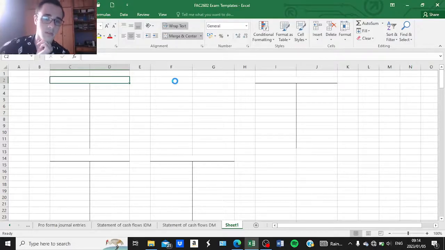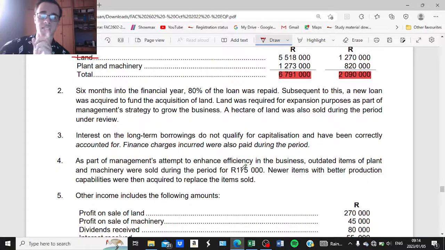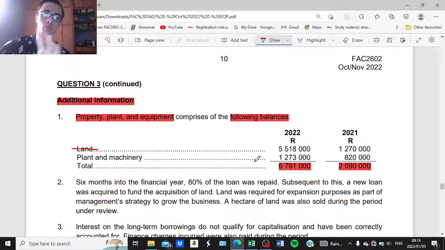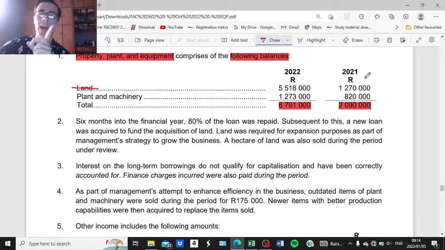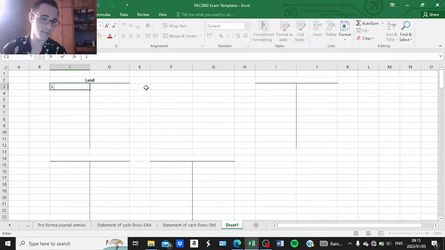All right. Just give a moment for Excel to respond. So in terms of the company's land, or immovable property, we had an opening balance. So the balance as at the 1st of October 2021 of 1,270,000. So we will enter that amount accordingly as the opening balance for land.